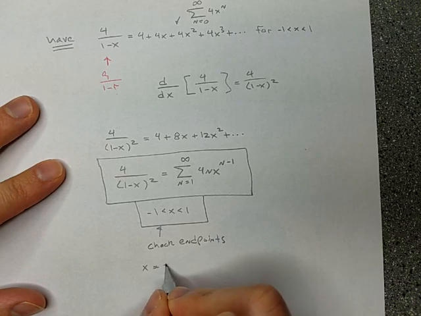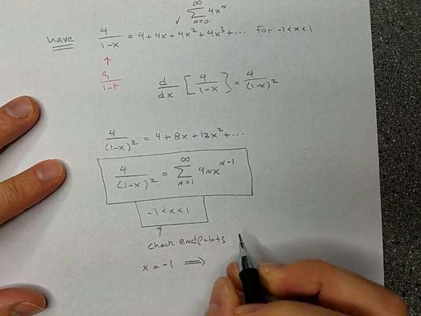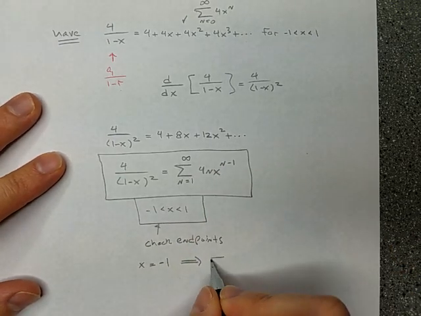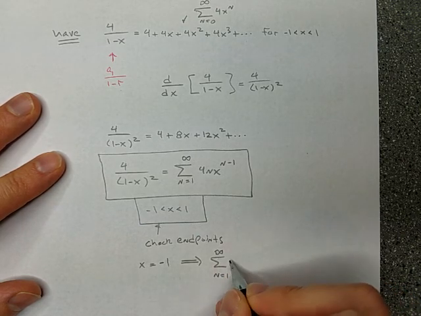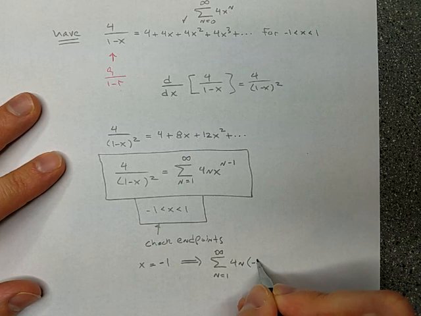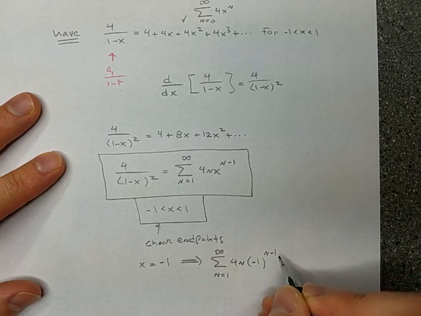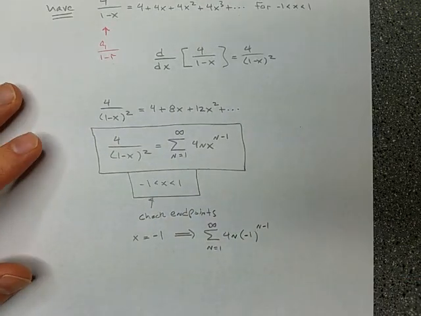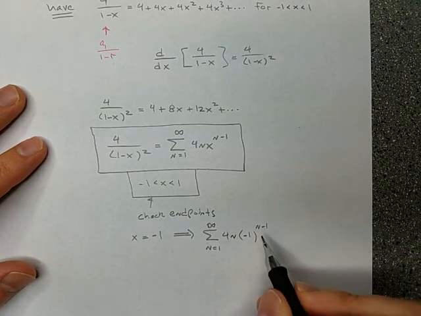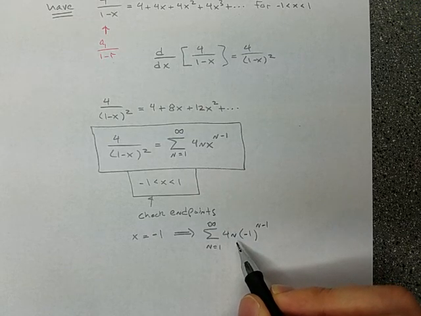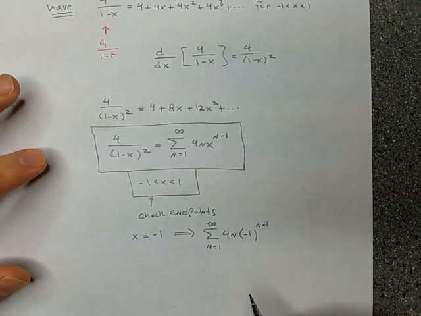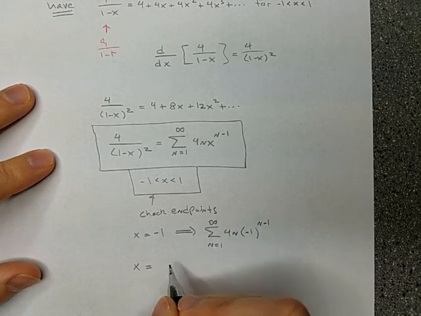If x was -1, my series here would be the sum from 1 to infinity of 4n times (-1) to the n minus 1 power. That's going to be an alternating series, 4 and then 8 and then 12. And a series like that is not going to converge. You can write it out if you want to.